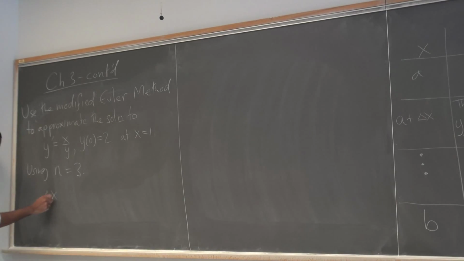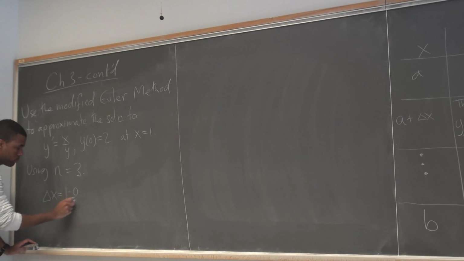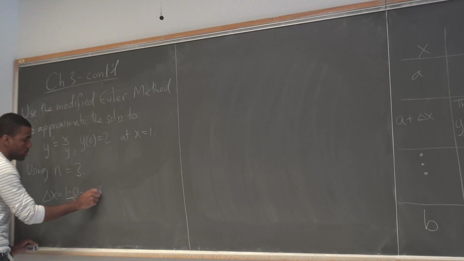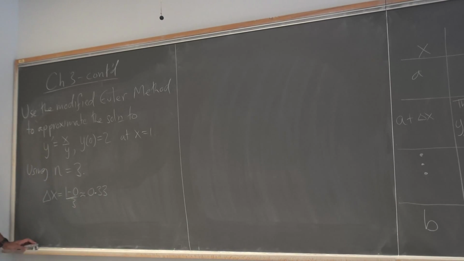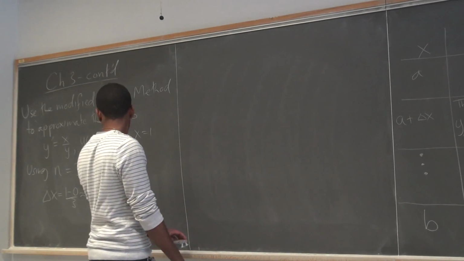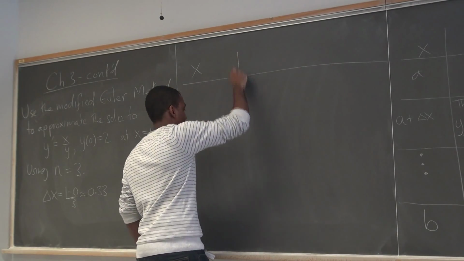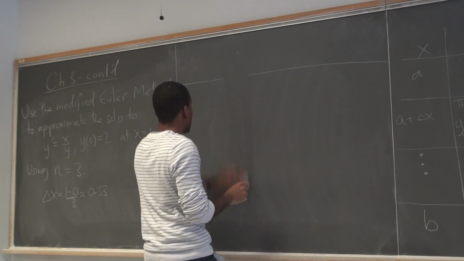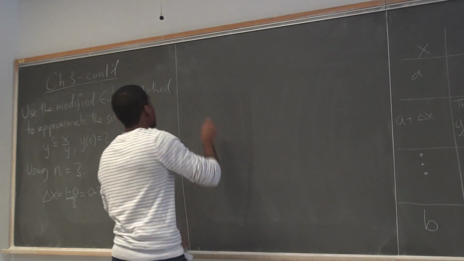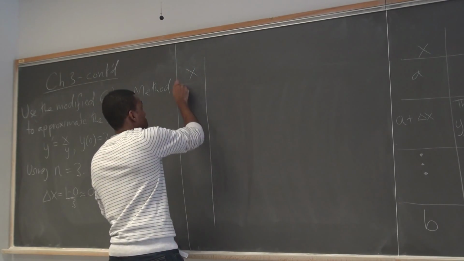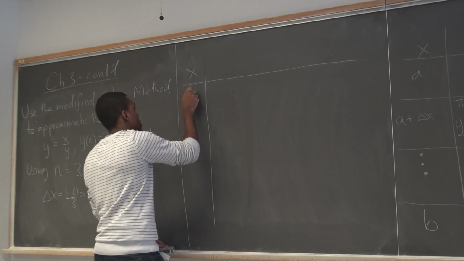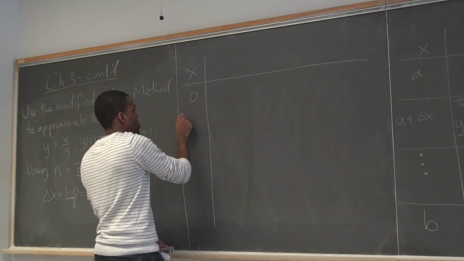So here, delta x equals, let's use 0.33. Start at 0.